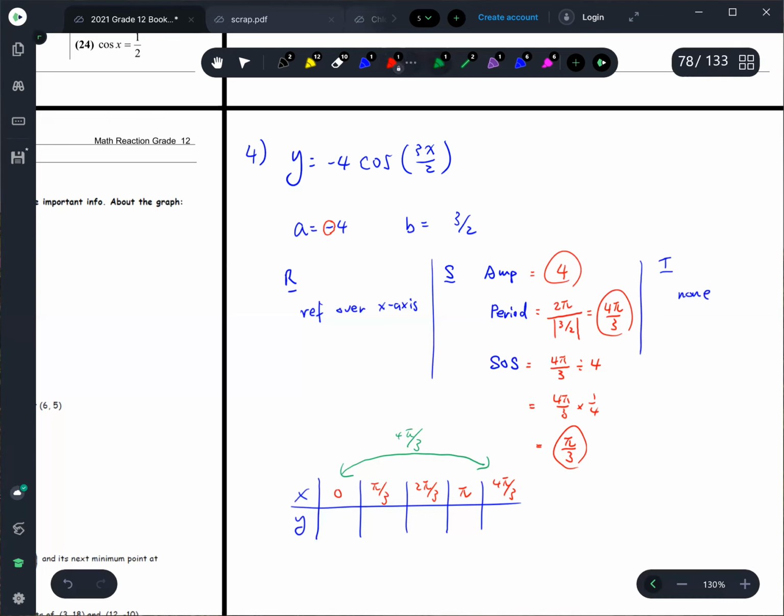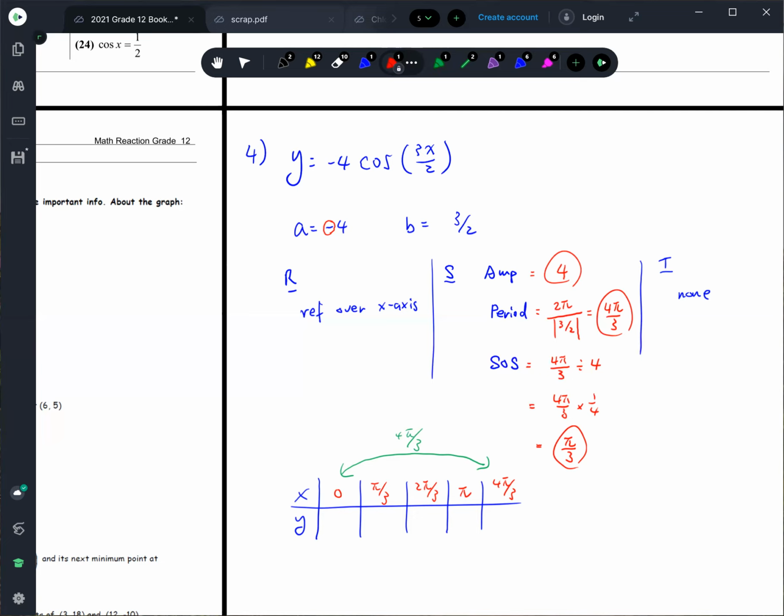Now to get the y values. Okay, Jocelyn, how do we find the y values? Do you know? Jocelyn, are you there? I forgot.